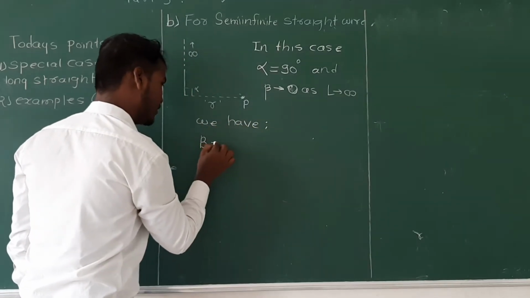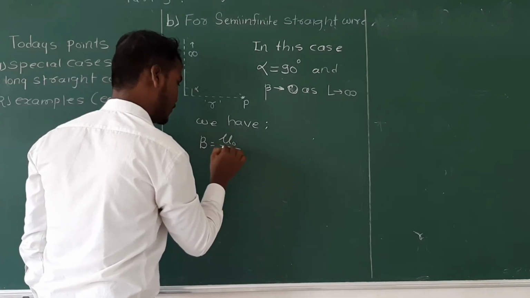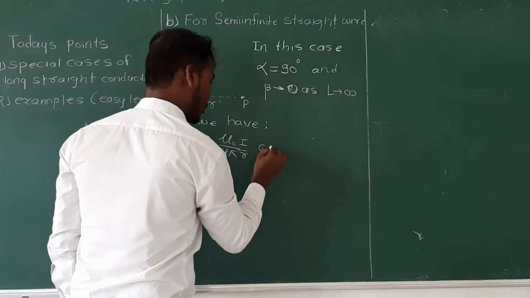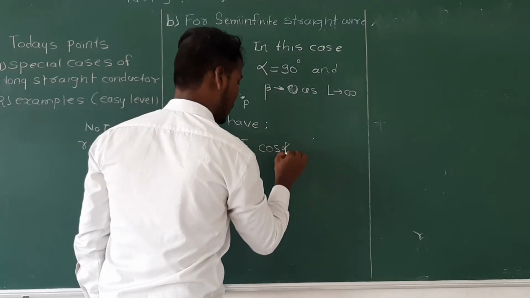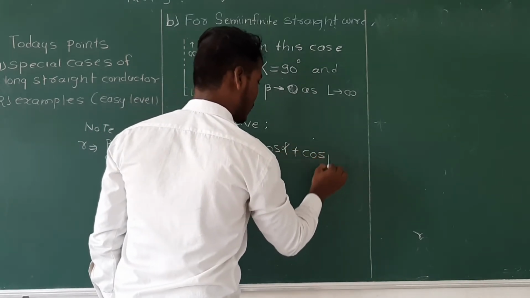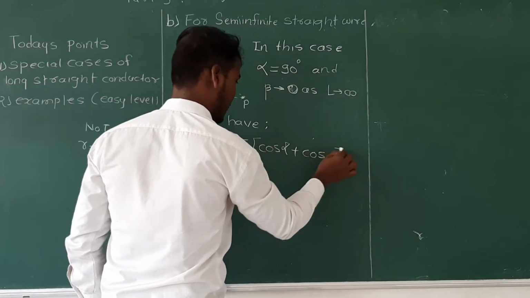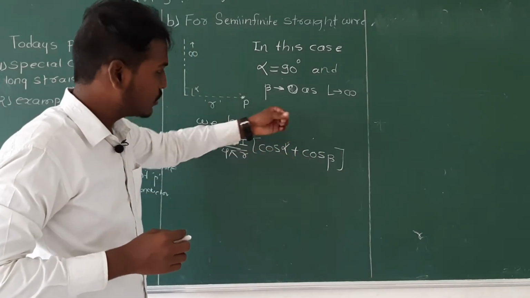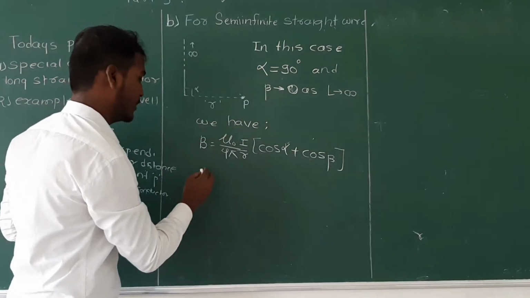So we have B is nothing but mu 0 upon 4 pi, I divided by R, into cos alpha plus cos beta. You know this expression, which is the original expression. In this expression we are going to put just these values of alpha and beta.